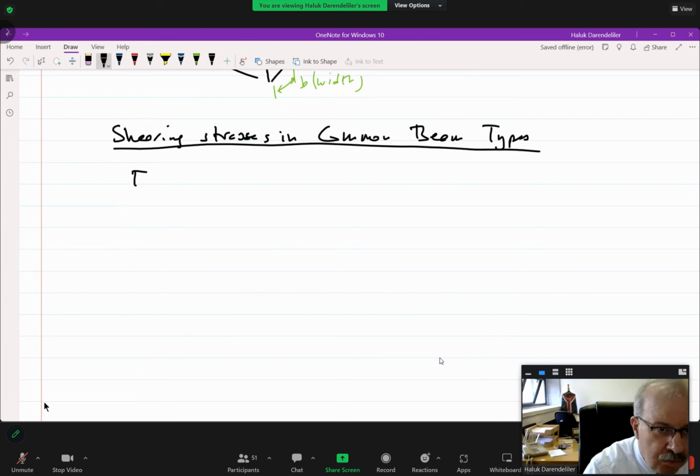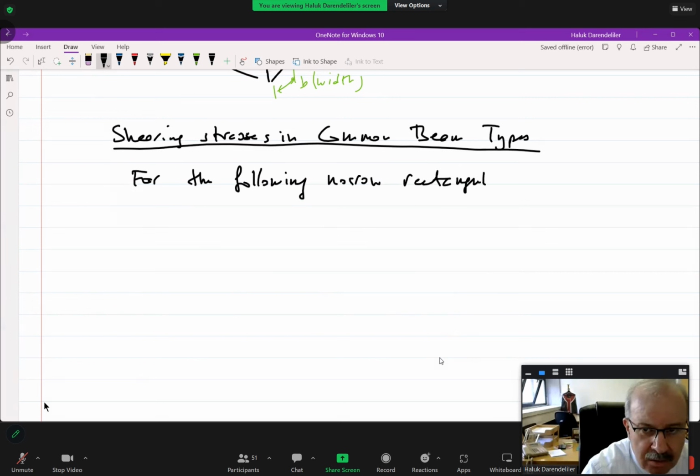So look, for the following narrow rectangular beam under shear force.